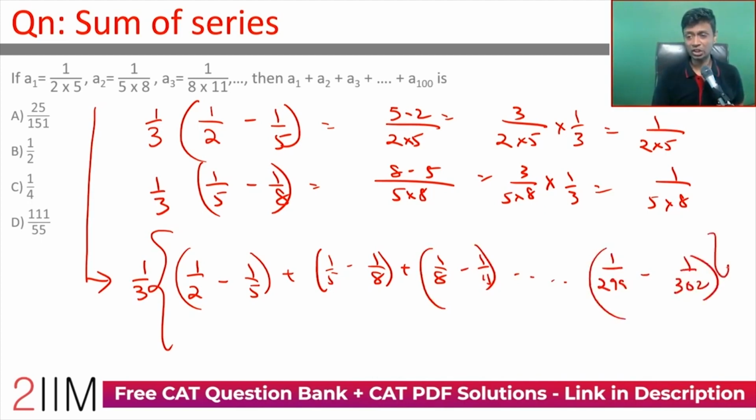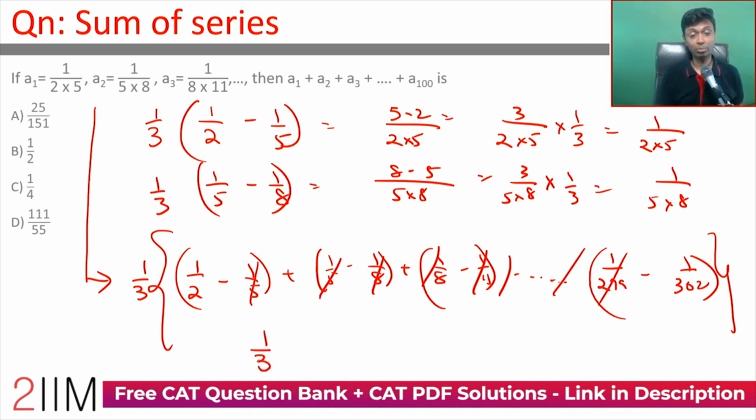Right? Just like how we had outlined, A minus B plus B minus C plus C minus D plus D minus E, all the way till one final term. Bunch of things get cancelled. This will get knocked off, this will get knocked off, this will get knocked off. Everything will get knocked off till there.